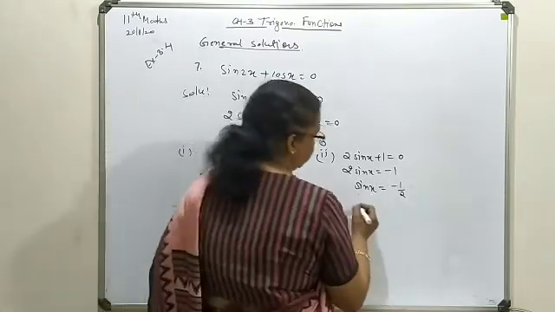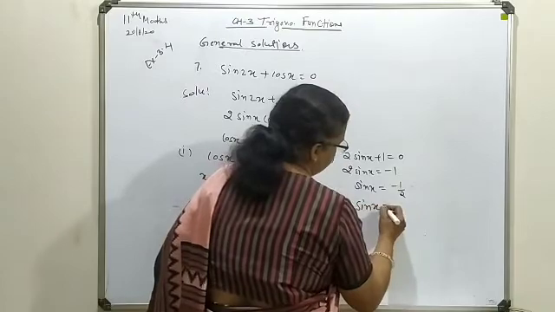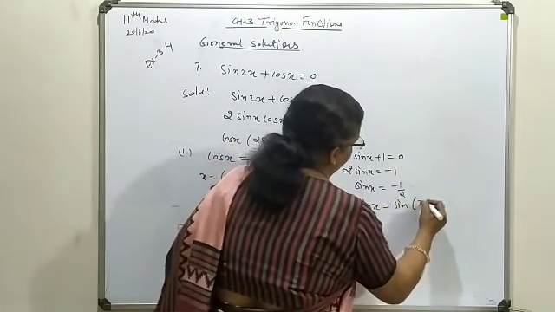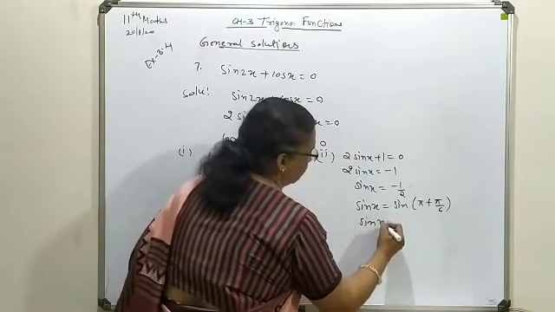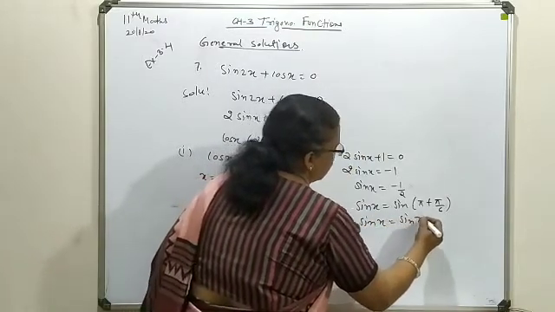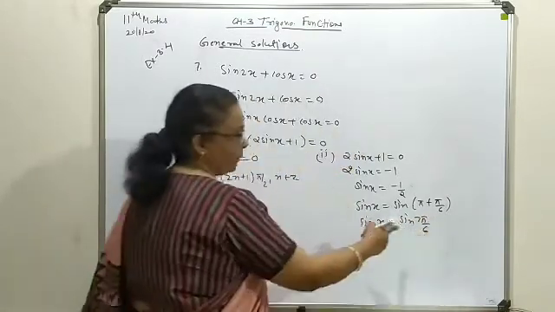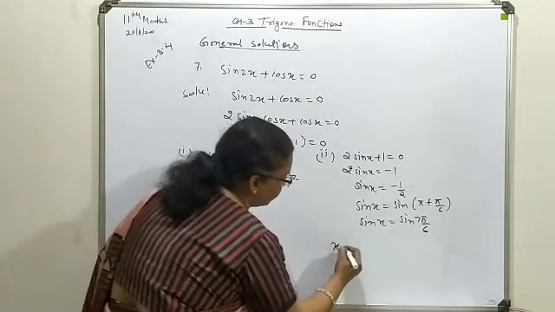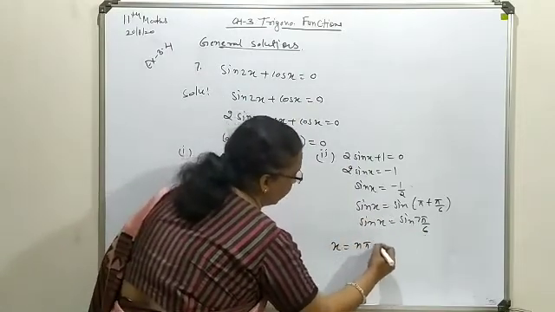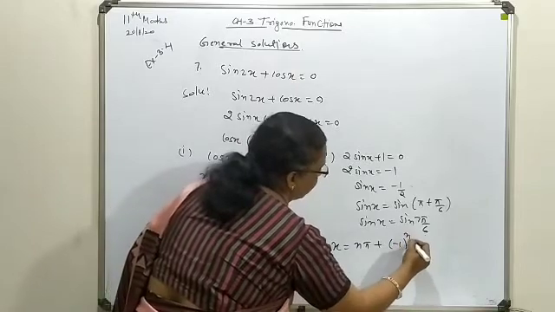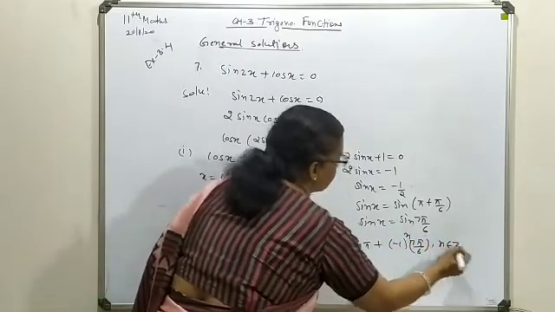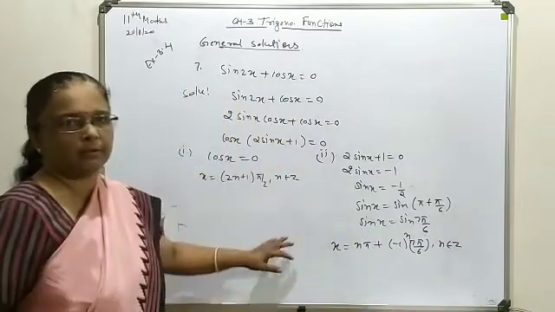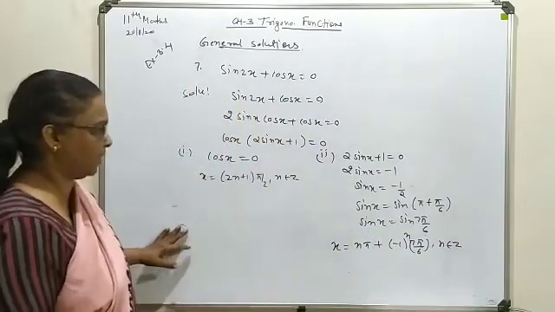So sin x is sin of pi plus pi by 6. The first possible solution is sin 7 pi by 6. Now we write the general solution for sin x: n pi plus minus 1 power n into 7 pi by 6.